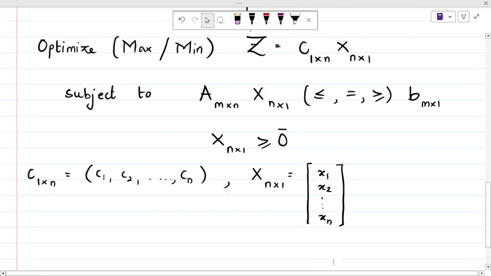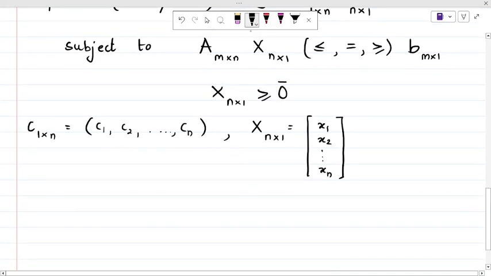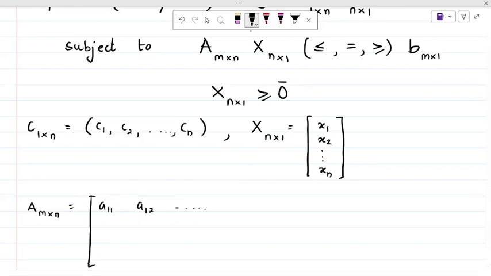Then here A, m cross n, this matrix is a11, a12 and so on up to a1n. Then this is a21, a22 and so on up to a2n. Then finally you have am1, am2 up to amn.